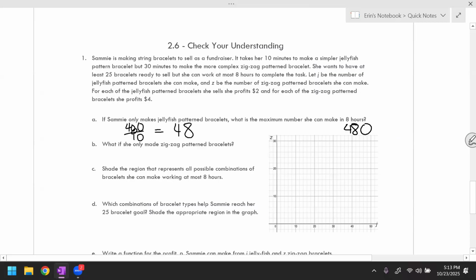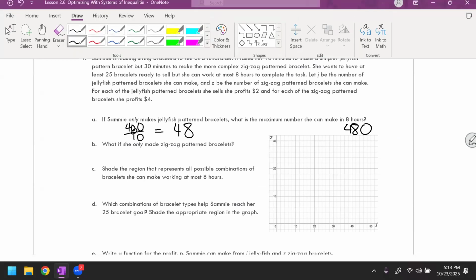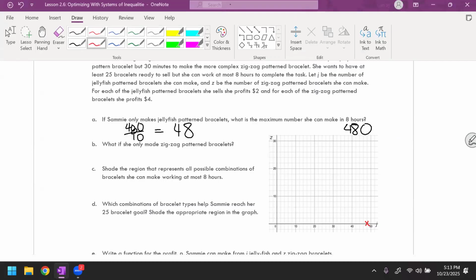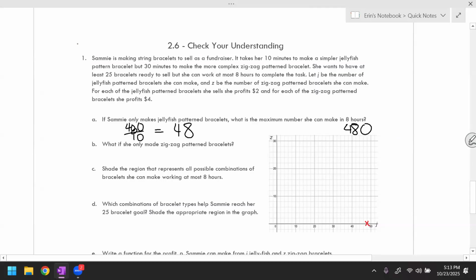So if she makes only jellyfish bracelets and no zigzag bracelets, she can make 48 of them. Similarly, if she spends all 480 minutes only making zigzag bracelets, 480 over 30 is 16. So she can make 16 zigzag bracelets.